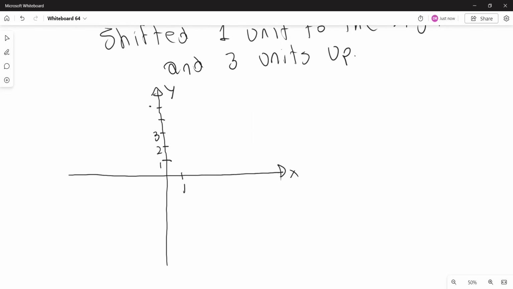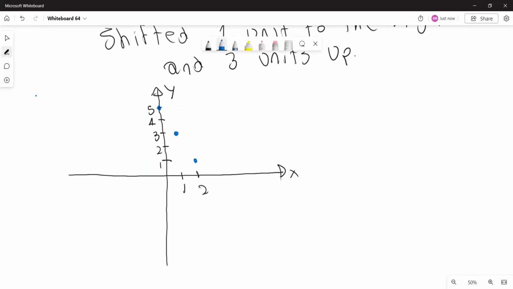And it was vertically stretched by a factor of 2. Also, the graph was reflected. So instead of going through 0, 0, it's going to go through 0, 5, and it's going to pass through 2, 1, because it was vertically stretched and the graph was reflected.